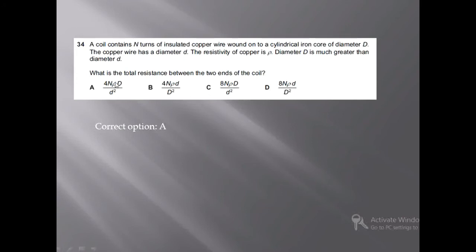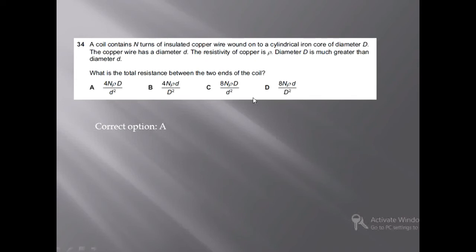Okay, we have been given these four options, we have to select the correct option, and what we have to find out is the total resistance between the two ends of the coil. Students, in order to find the total resistance between the two ends of the coil, we are going to use the formula R is equal to rho L over A. In order to find L, that is the length of the wire, we are going to apply the formula of the circumference.